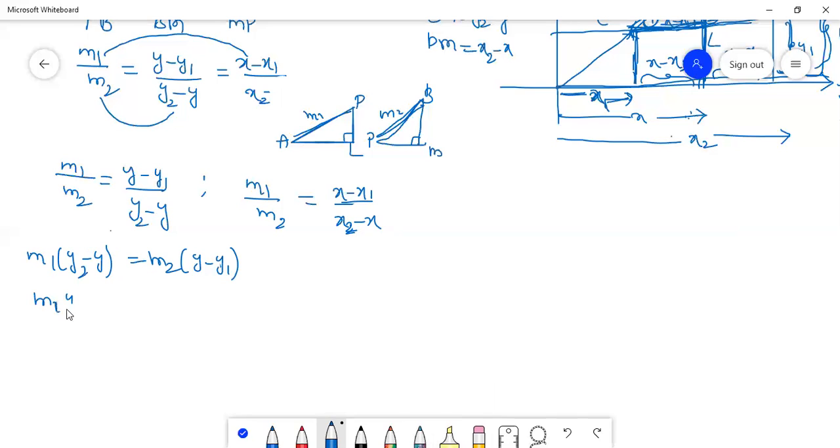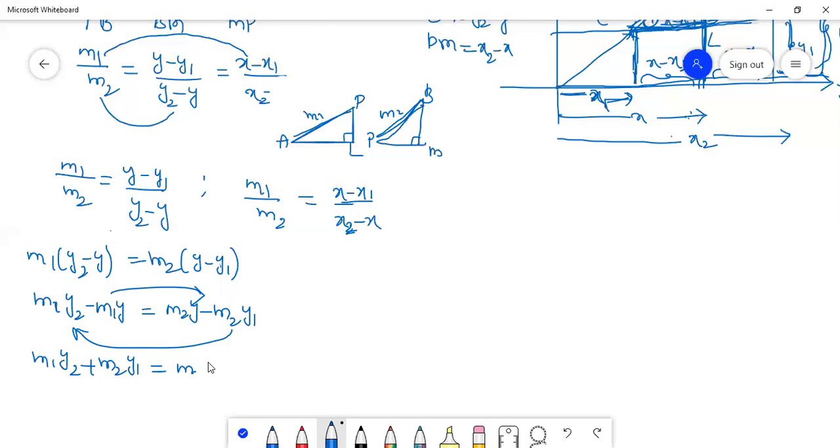Then m1 y2 minus m1 y equals m2 y minus m2 y1. This is taken to the left side, this is taken to the right side. Then m1 y2 plus m2 y1 is equal to m2 y plus m1 y. Here we can take the common y into m1 plus m2.